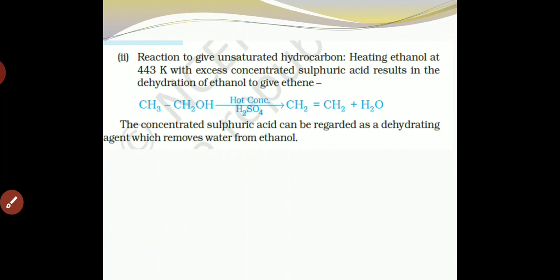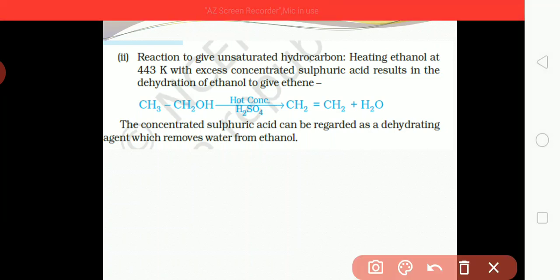Reaction to give an unsaturated hydrocarbon. Heating ethanol at 443 Kelvin with excess concentrated sulfuric acid results in the dehydration of ethanol to give ethene.